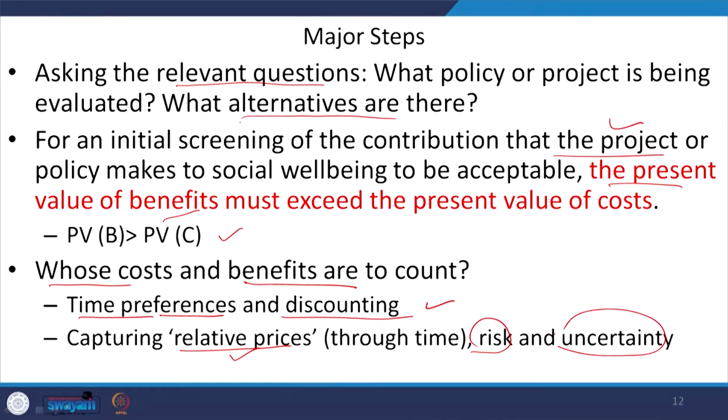And the second thing that we are also taking into account in addressing this question is that we are capturing the relative prices. Because we are talking about the present and future time and the time dimension, like the first year, second year, up to let us say 20 years. So, that is why we need to take the relative time, addressing the risk as well as uncertainty.